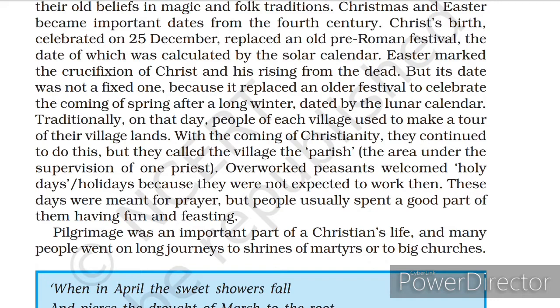After the coming of the church, what happened to society? They started to learn new things, and these new things taught them a different way of looking at lifestyle. So they took pilgrimage as a very important part of their life, and thus they started to visit the big churches or shrines of martyrs.